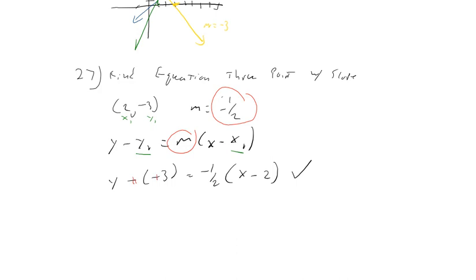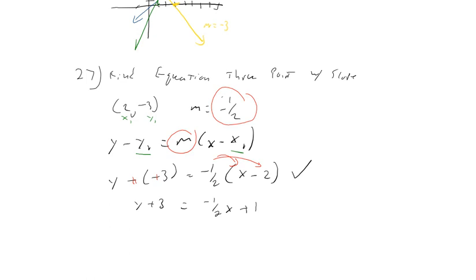Minus minus, these become plus plus, right? So this is y plus 3 equals, distribute this 1/2. So I got -1/2 x, and -1/2 times -2 is positive, negative times a negative, 1/2 times 2 is 1.